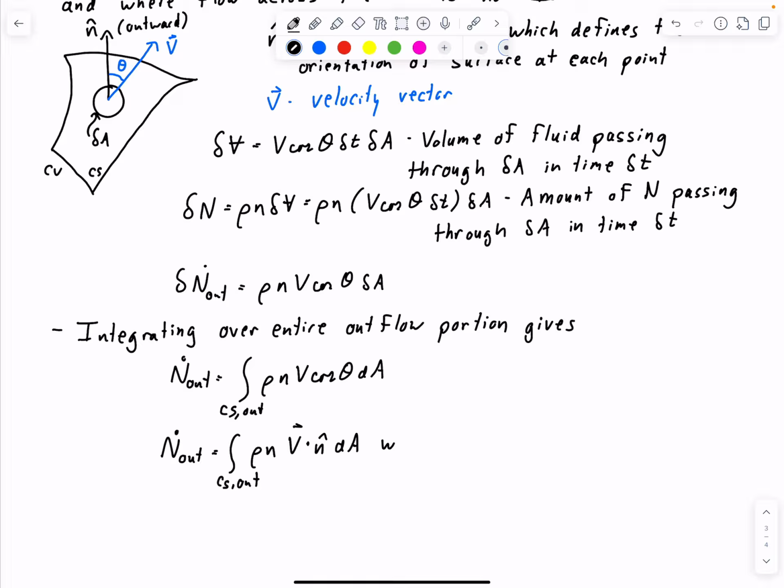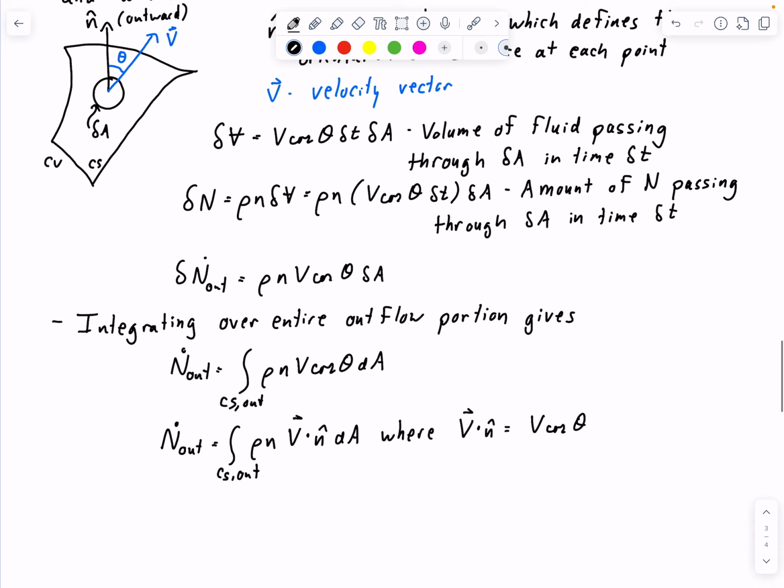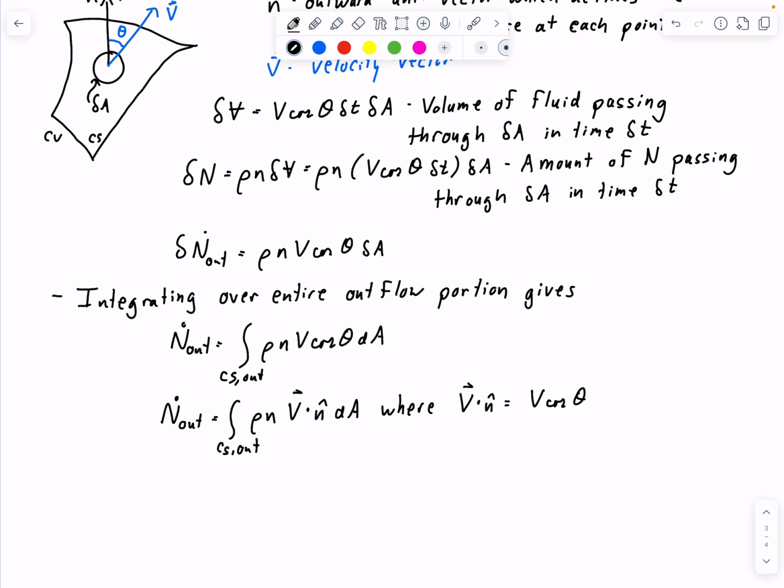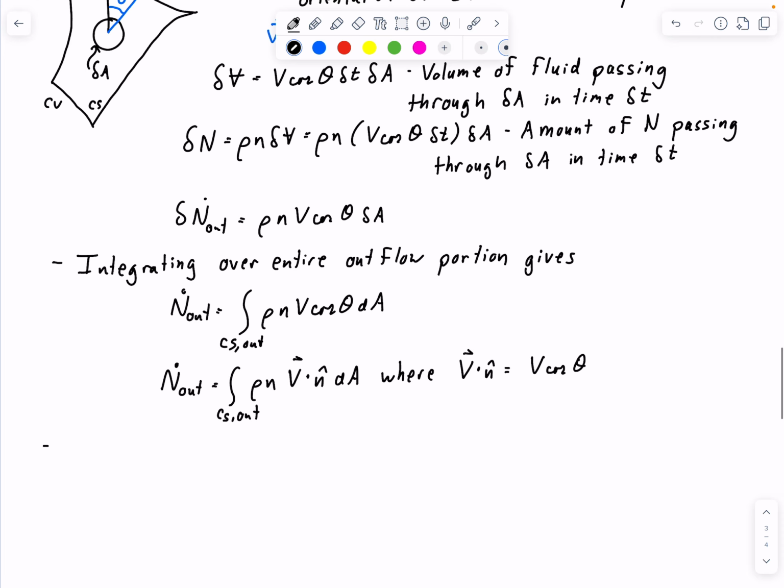And just to remind you, this expression V dot n hat is equal to V cosine theta. So we'll often use this vector calculus expression instead. This is now integrating over the entire outflow portion, but it turns out we can further extend that integral to include both the outflow portion as well as the surfaces where the flow is crossing into the control volume.